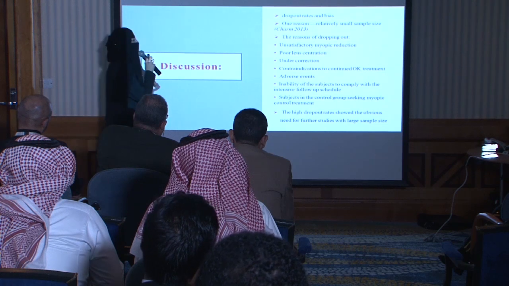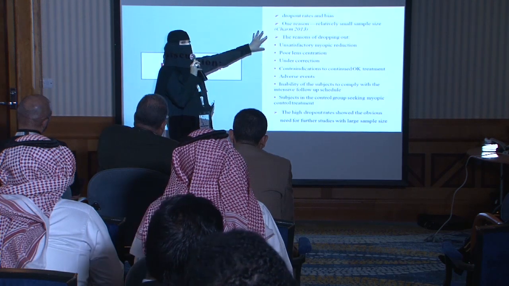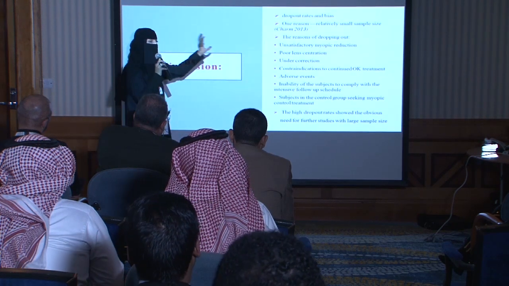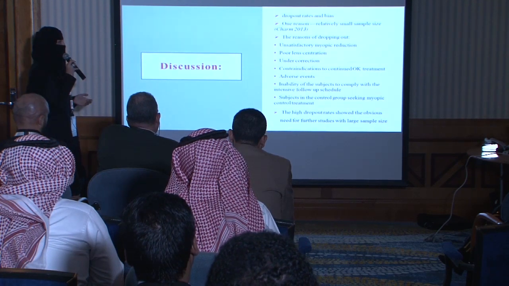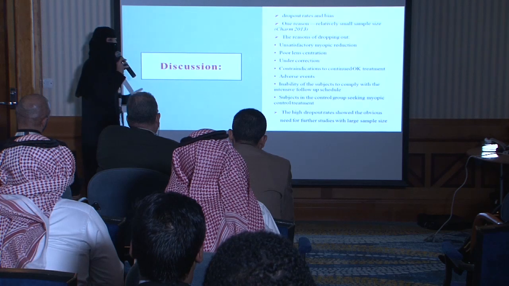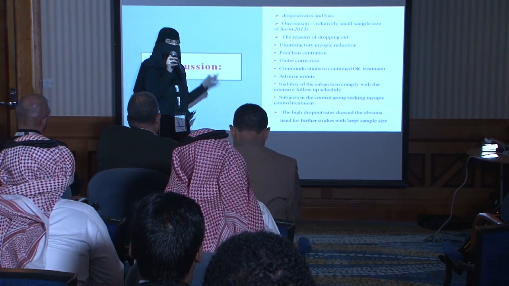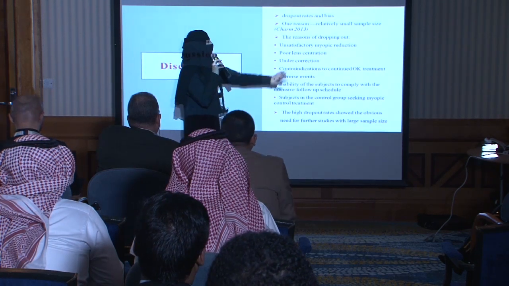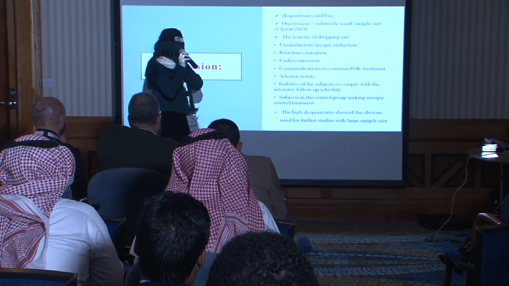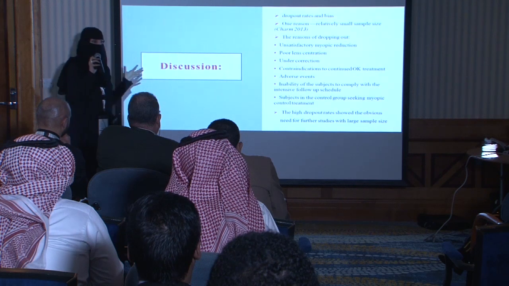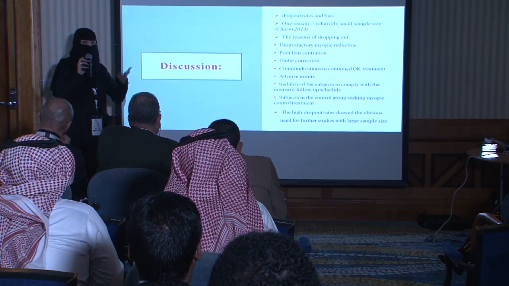As well, it's very important to evaluate the dropout rate, because that can bias our final result. Actually, the dropout rate is around 11 to 14%, which is relatively small, and because the sample size was smaller, that can give us a high rate of dropout.